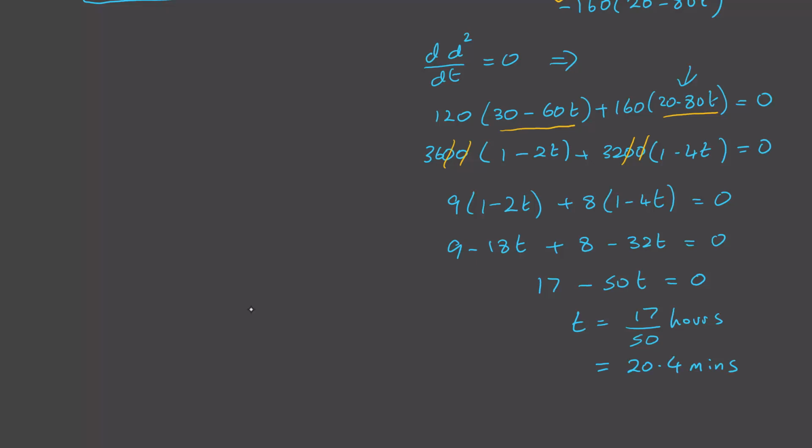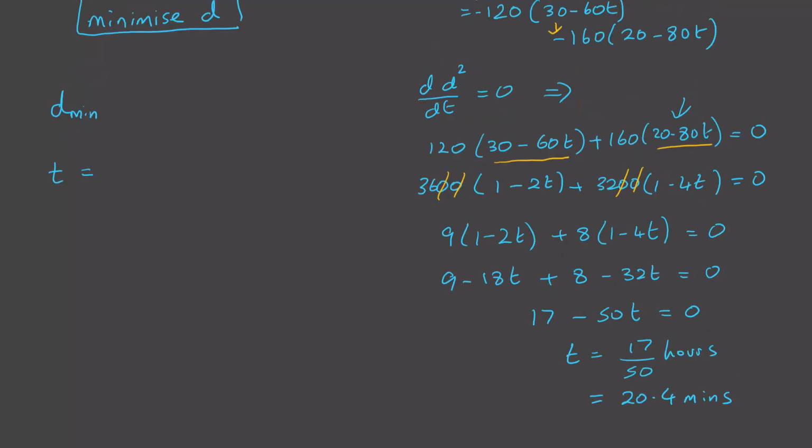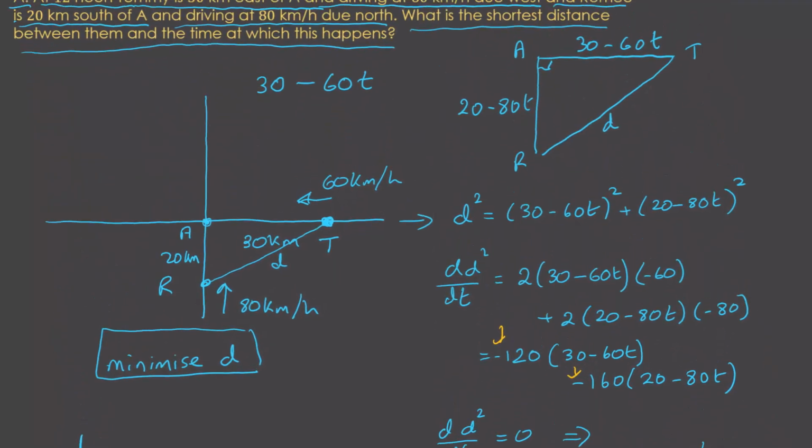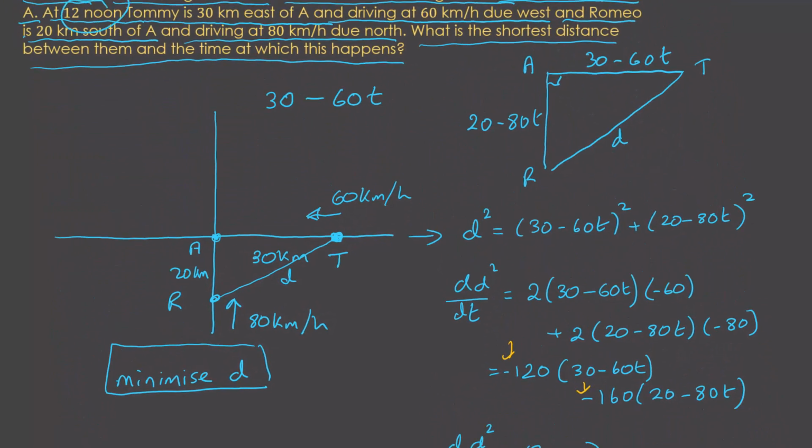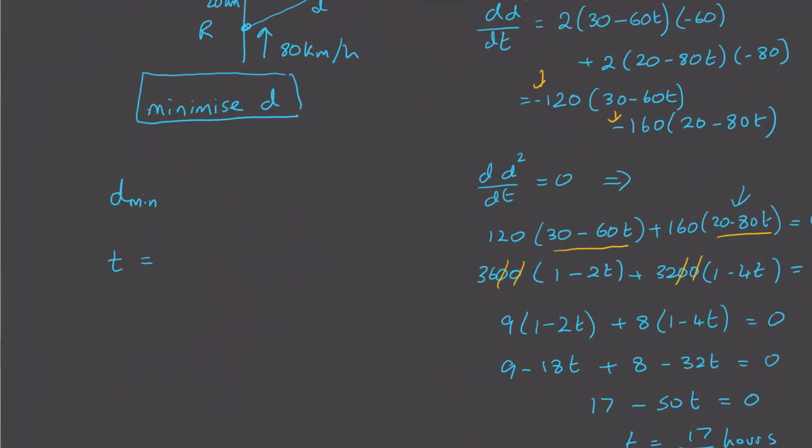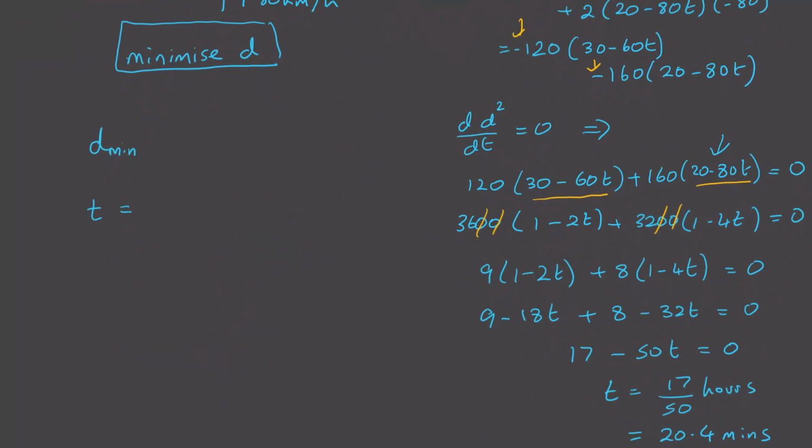And so the first thing we want to know is d min. We also wanted to know the time at which that happened, and they started off at noon, so at 12 noon. So the minimum d is going to happen when the time is 12:20. That's 20.4 minutes.